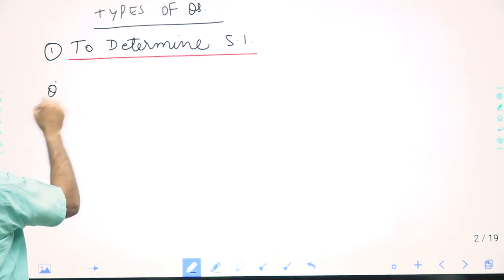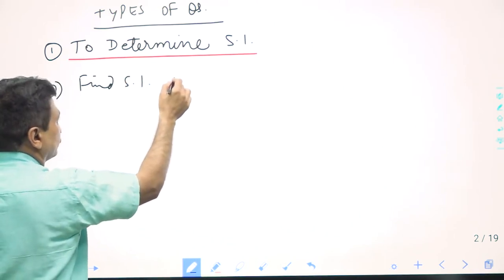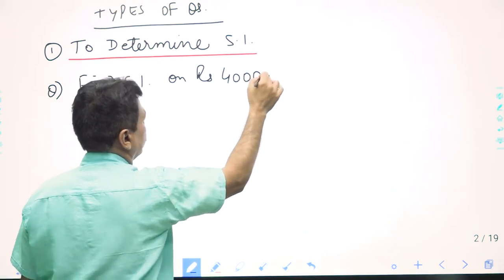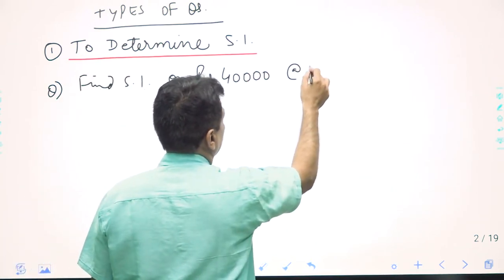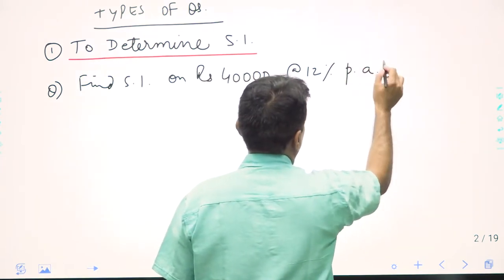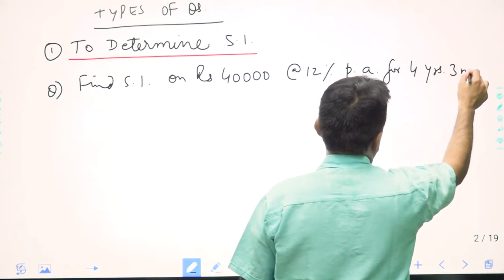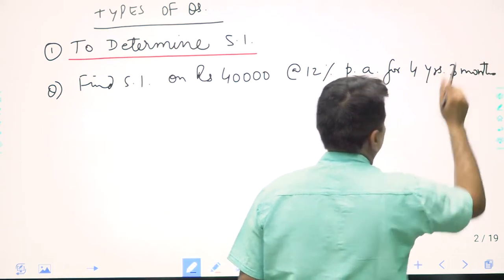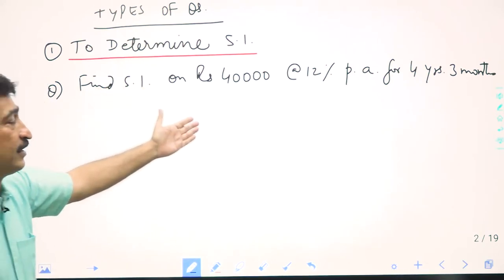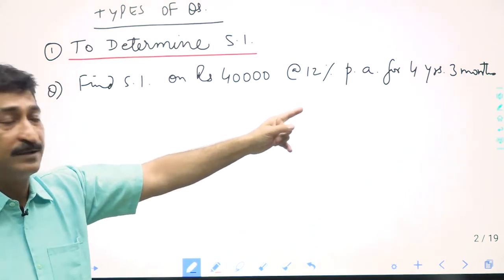Suppose I give you a question: find SI on rupees 40,000 at 12% per annum for 4 years, 3 months. So you have to calculate simple interest on rupees 40,000 at the rate of 12% per annum for the time of 4 years and 3 months.